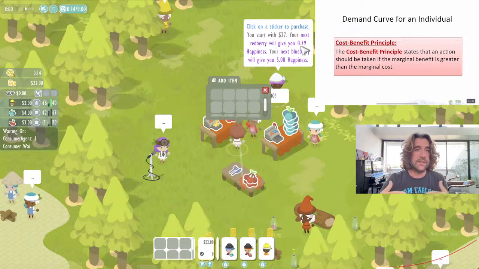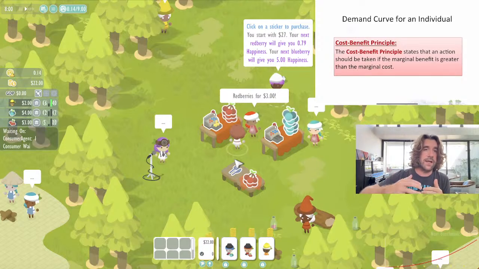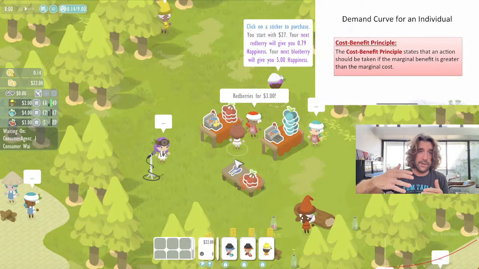And on top of this, we put to use our cost-benefit principle. Let's decide whether to consume and purchase one red berry by thinking at the margin. Should I purchase the first red berry or not? That's the action that you're trying to evaluate.